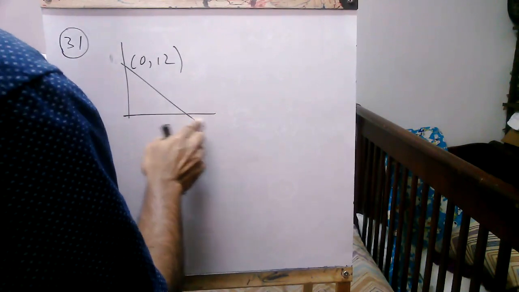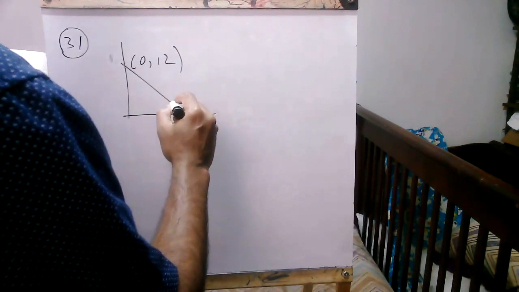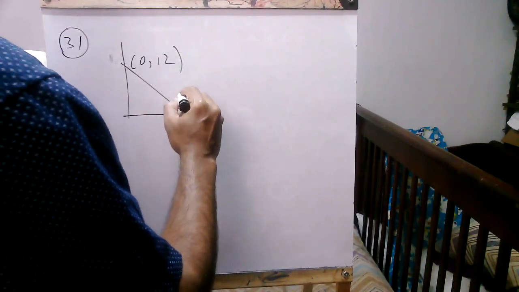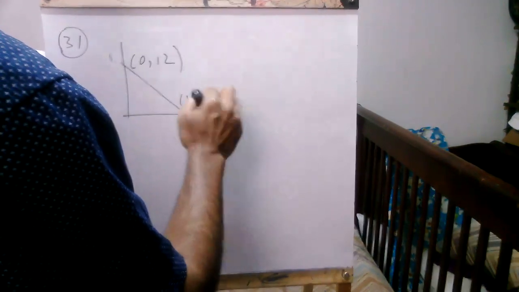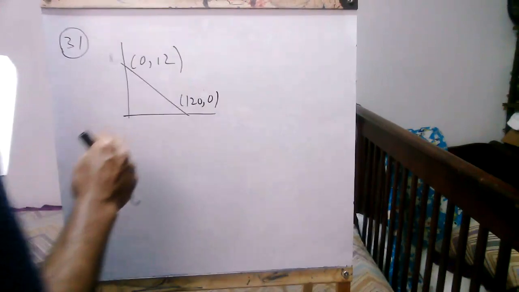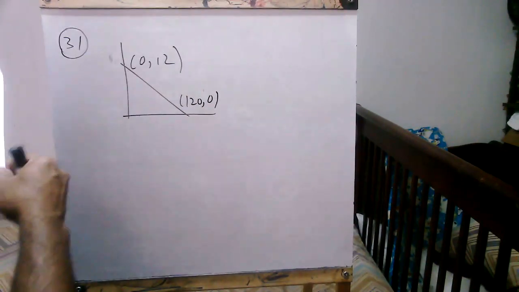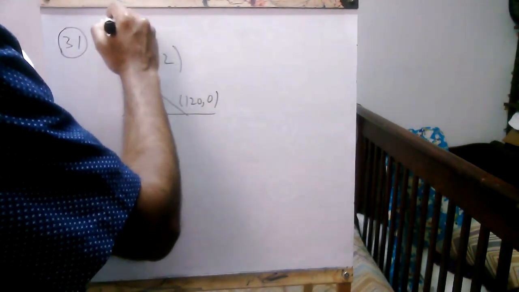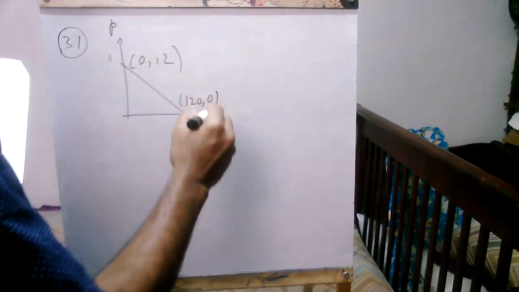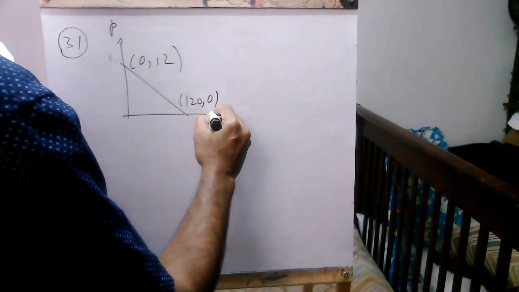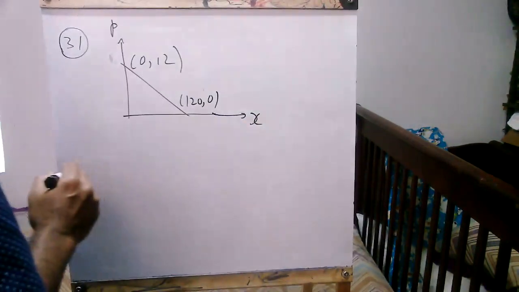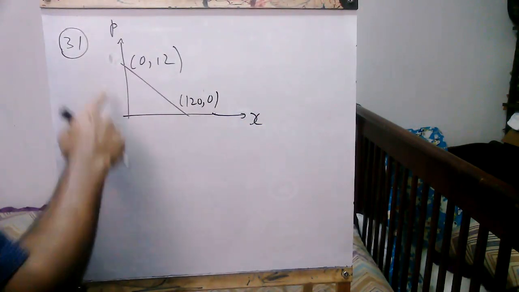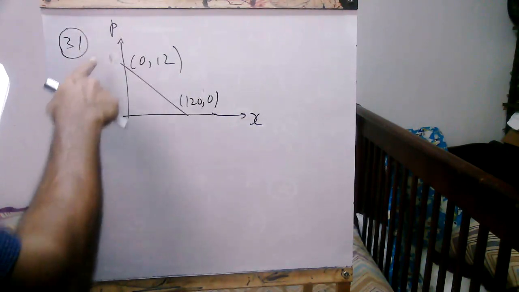This point is 120. This is the price and this is the number of items, X, number of units, and this is the price per unit.